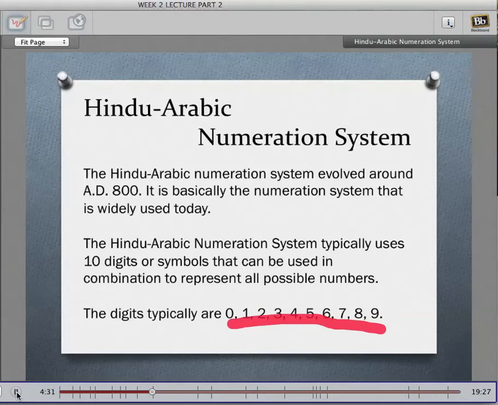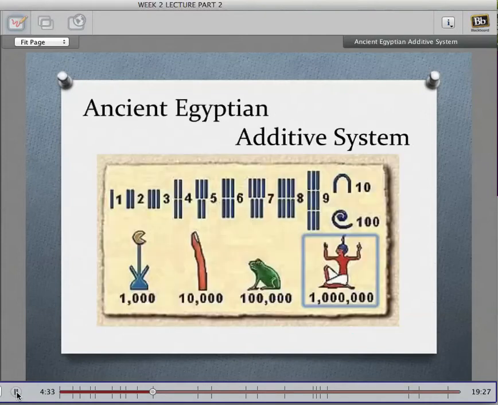All right, why is that a big deal? Well, let's talk about a couple systems that have existed in the past, and they are very simple systems, but there's some reasons ours is better. The ancient Egyptian system was an additive system, and the symbols that they used were pretty simple.